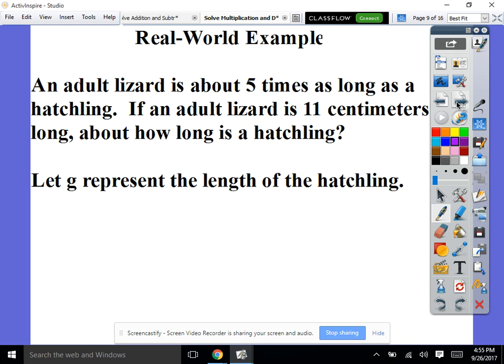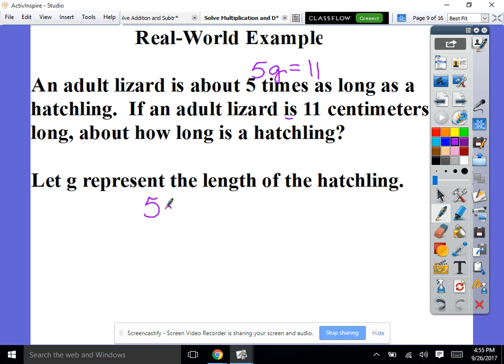So, 5 times as long as a hatchling. So 5 times G for hatchling equals an adult lizard, which is 11.